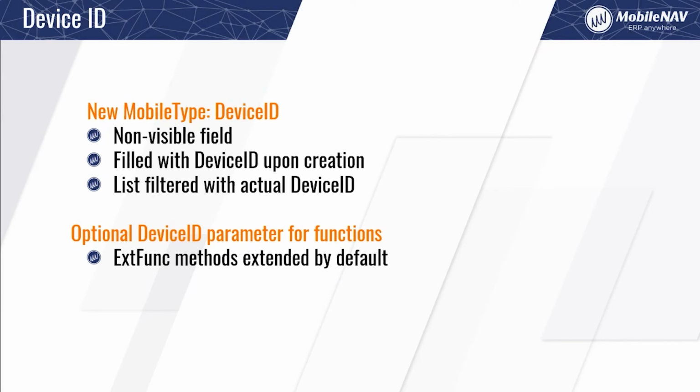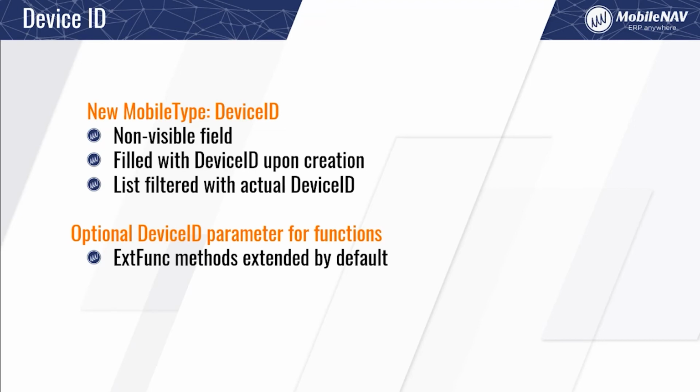And the list itself will also be filtered by device ID automatically. And we have also one more option. All of the different extension methods, which have been introduced in 6.0 maybe, or even before that, can be used for extension development, but they are also useful when you have CEL code, for example.